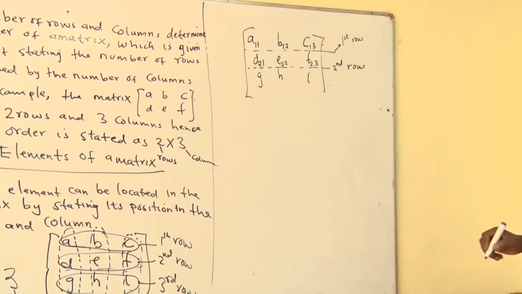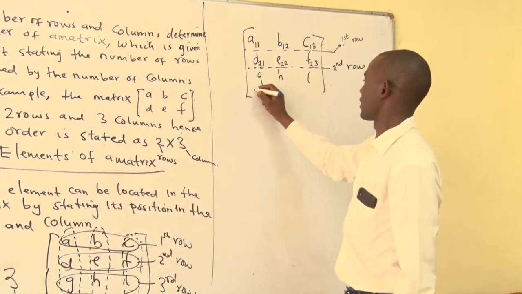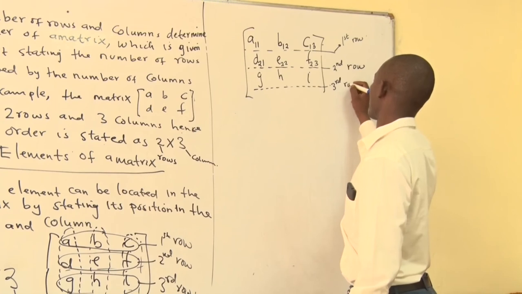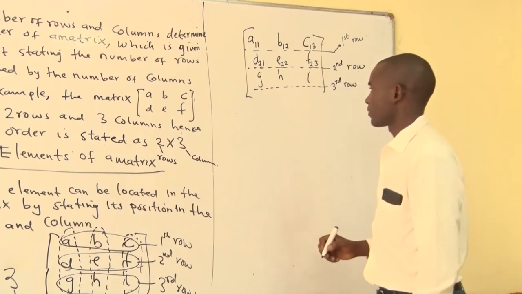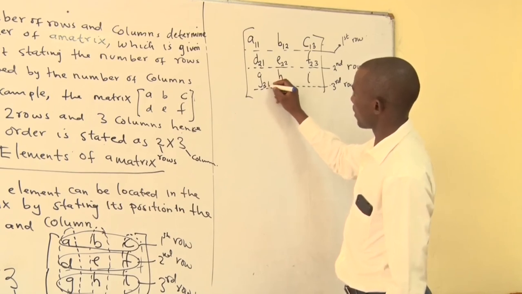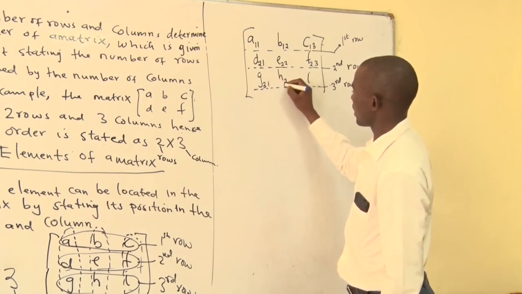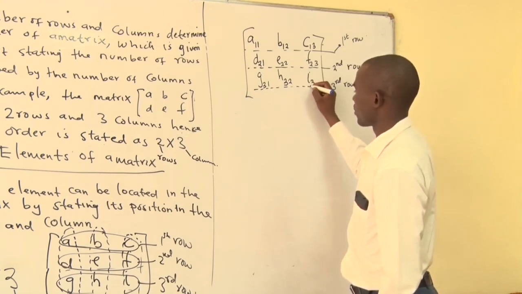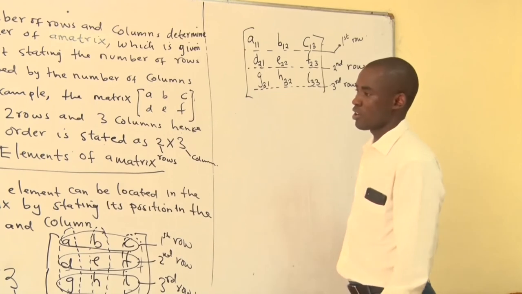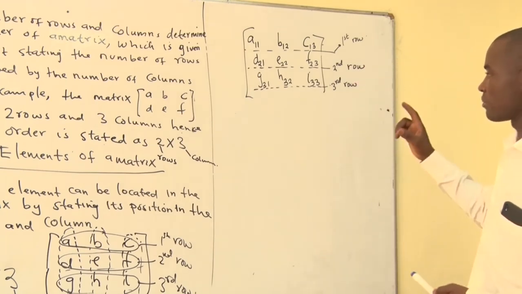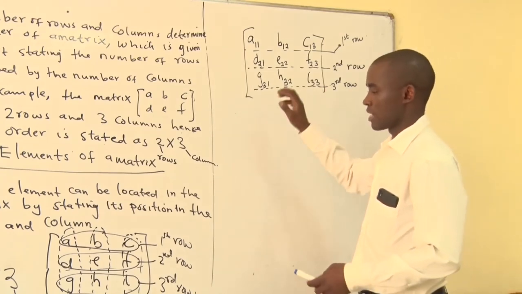So we are done with the second row. We now move to the third row. Remember, this is in the third row, but first column. This is in the third row, but second column. Third row, third column. So we have stated the positions of the elements in this particular matrix.